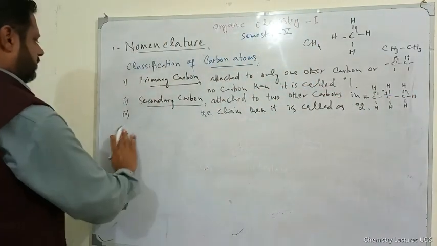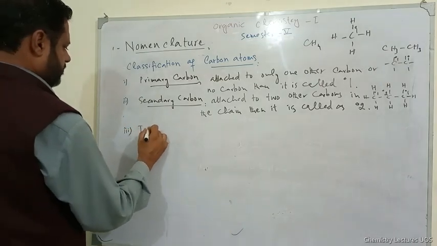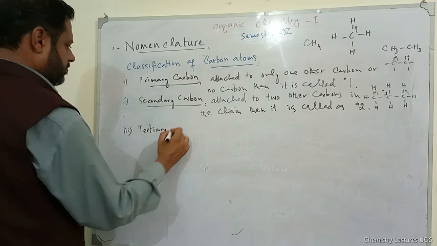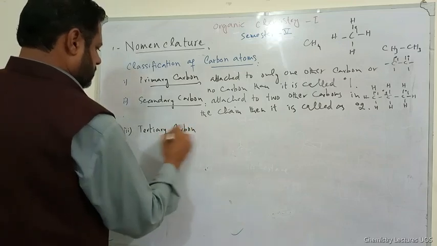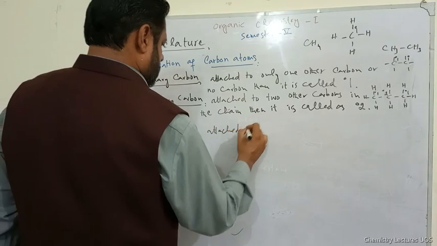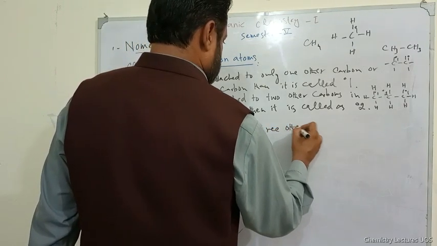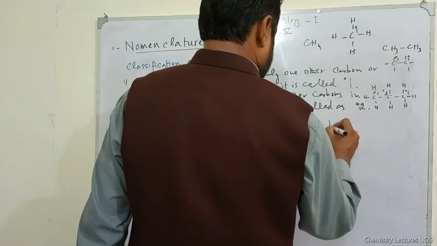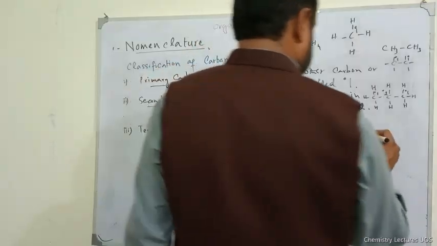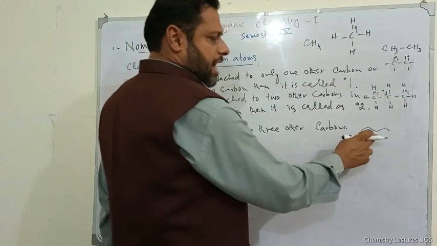And similarly we have the tertiary carbon. If the carbon is attached to three other carbons, for example in this chain, now I am writing the line method.